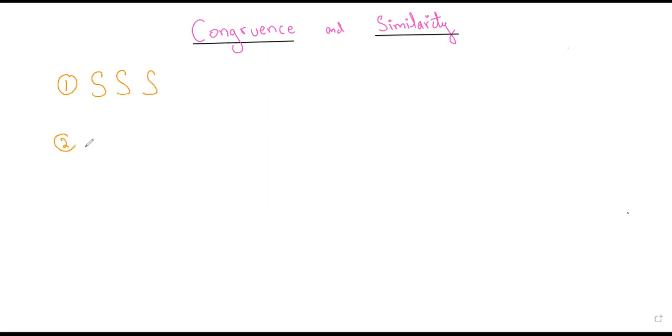The second one is side, angle, side. The third one is AAS, angle, angle, side. And the fourth one is RHS. Okay, let's talk about it now.